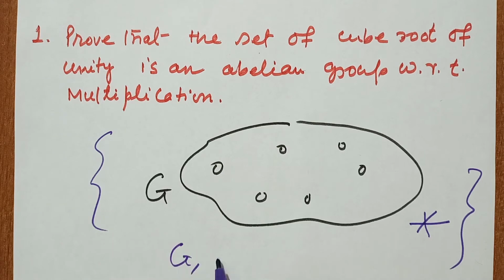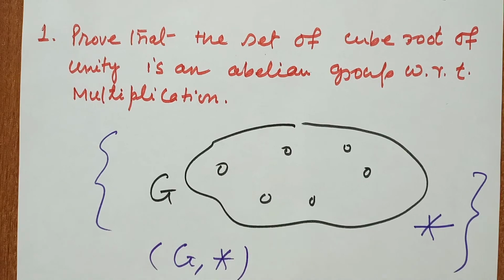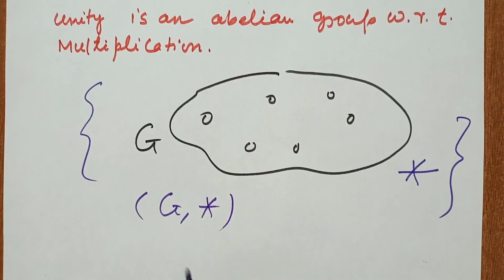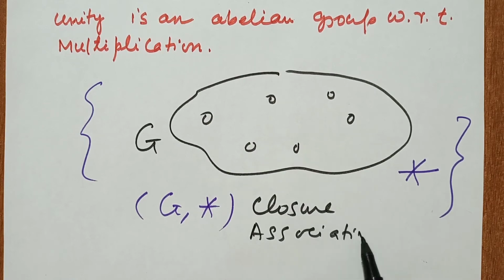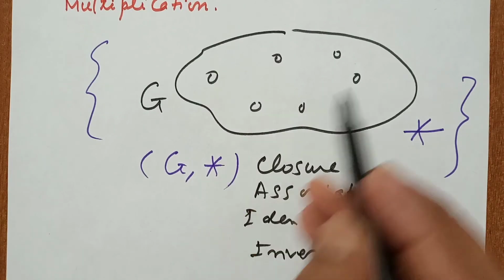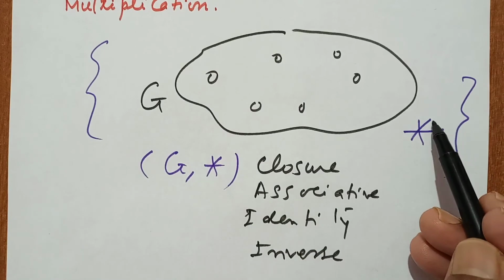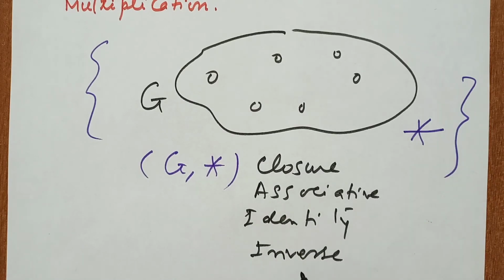This structure G star is called a group if it satisfies four properties: closure, associative, identity, and inverse. So a non-empty set with an operation satisfying four properties.